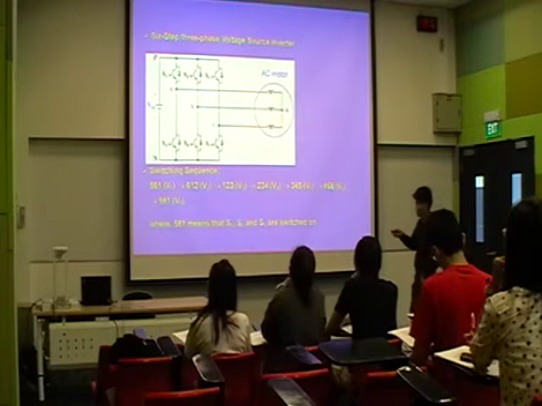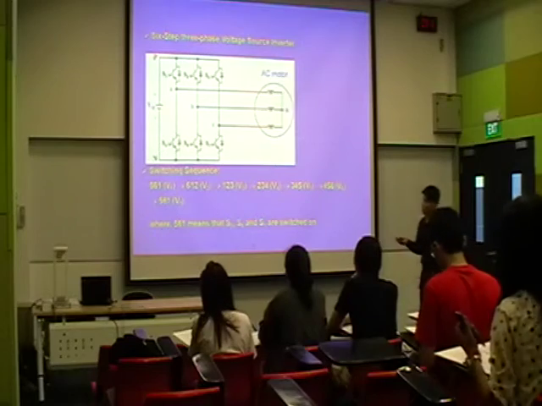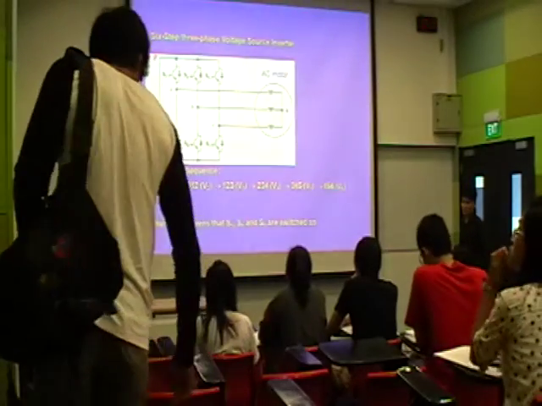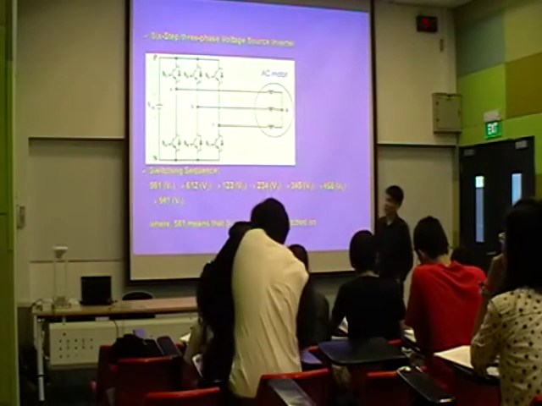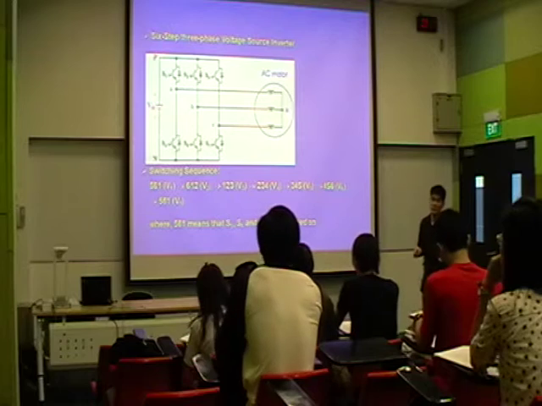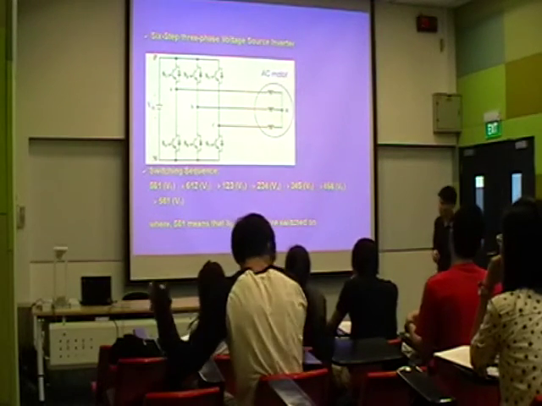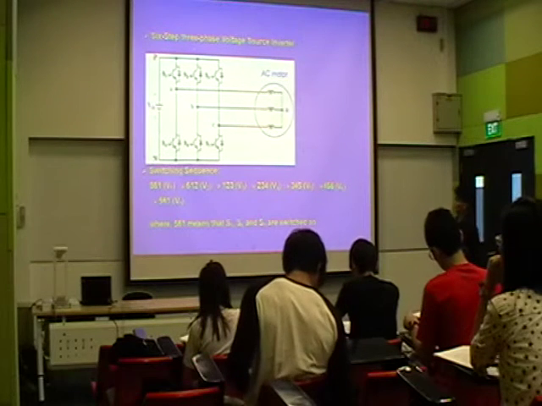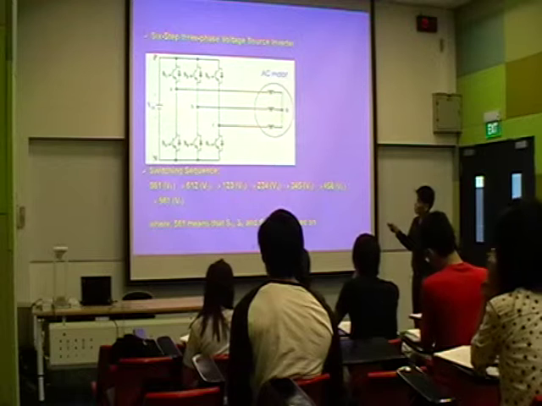What are the switching sequences? This one I think is not really in some of the notes in UK, but I just put this here for your information because it might explain things more clearly. Let's say you want to control an AC motor.